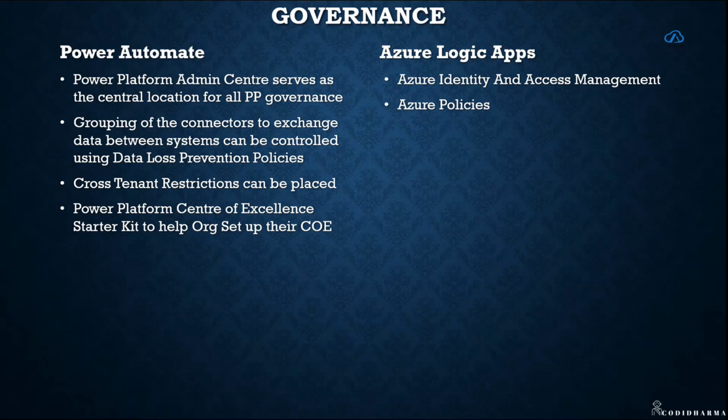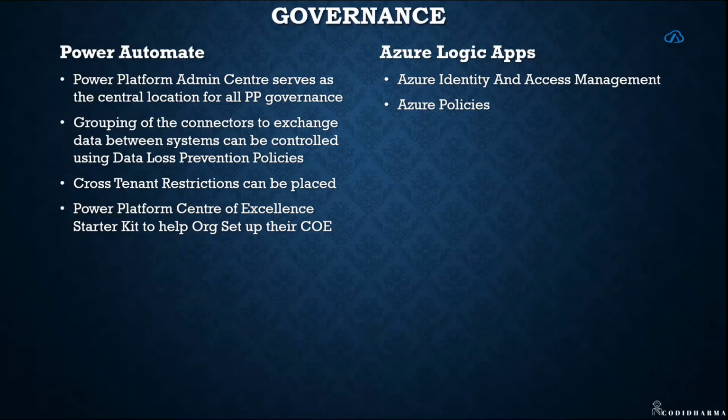The other important governance point is that we can implement cross-tenant restrictions for Power Automate, and again, the same can be done through the Power Platform Admin Center. And Microsoft provides the Power Platform Center of Excellence Starter Kit, which helps organizations set up their own Center of Excellence, because this Starter Kit provides the guidelines so that they can have robust governance in place for all the Power Platform services that they are using.